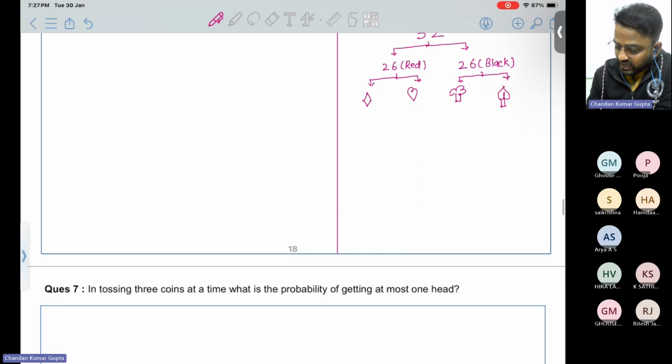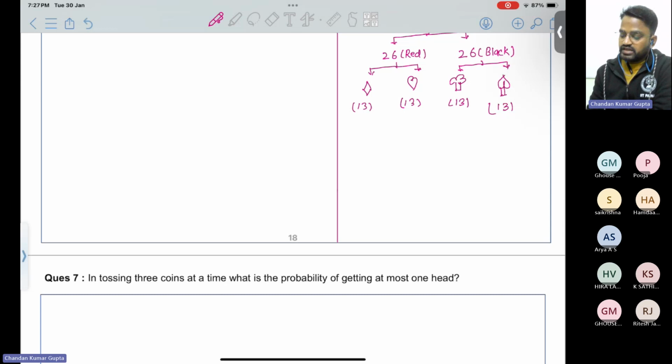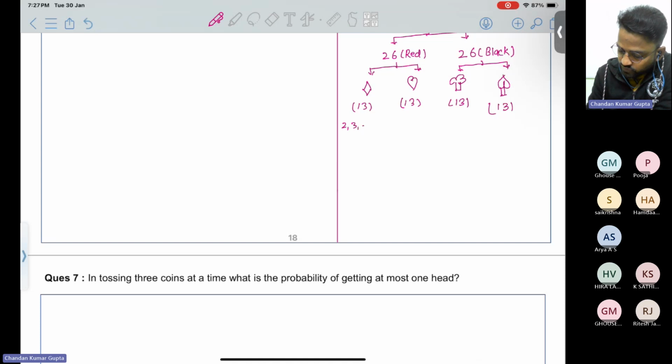Okay, all have 13 cards. 13 diamonds are there, 13 hearts, 13 clubs, and 13 spades. In the whole 13 cards, there are digits or alphabets. From 2, 3, 4 up to 10, there are numbers written on each card.